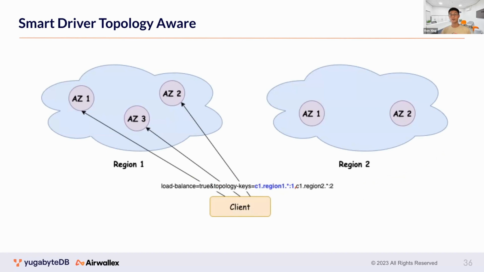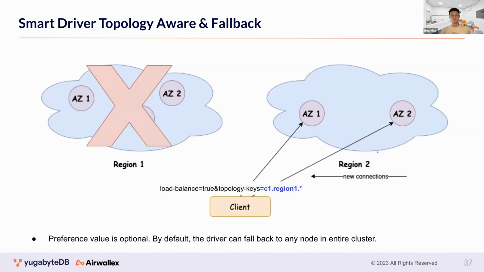And you can also give a number to specify the priority, meaning that if you specify region 1 with priority number 1, the request will go to region 1 first. If region 1 completely goes down and is not reachable, then the request will go to number 2, region 2, right?